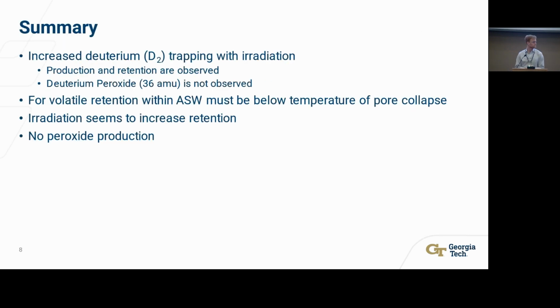Next slide, please. So in summary, increased deuterium trapping with irradiation. So we have the production and retention of D2 with irradiation in these instances. And why this really matters is, as we talk about sample return, as we talk about in situ resources, if you're not staying below this pore collapse level and you're not keeping your temperatures cold enough to maintain pores, you're going to lose your volatiles.